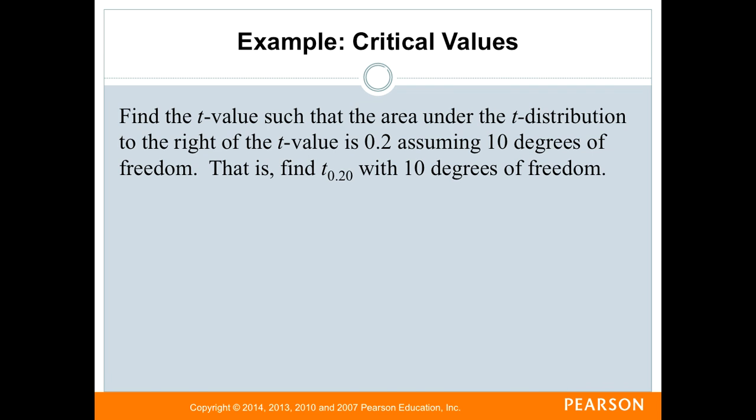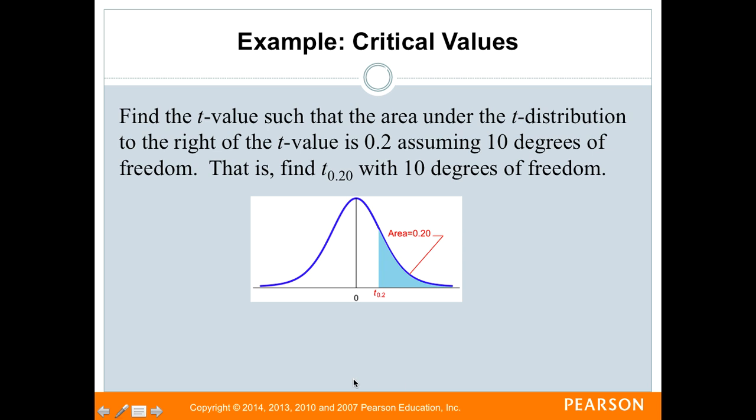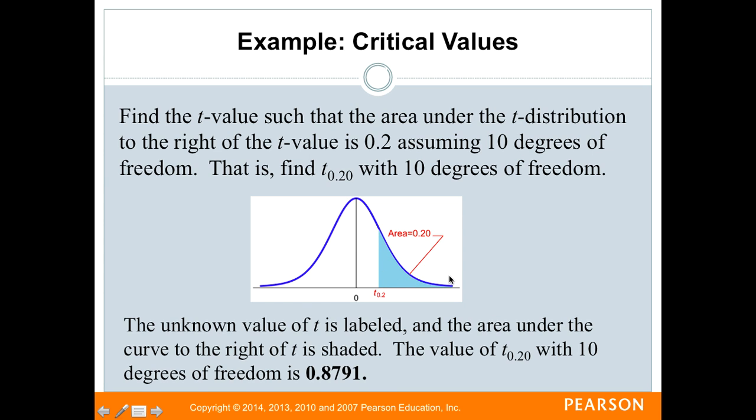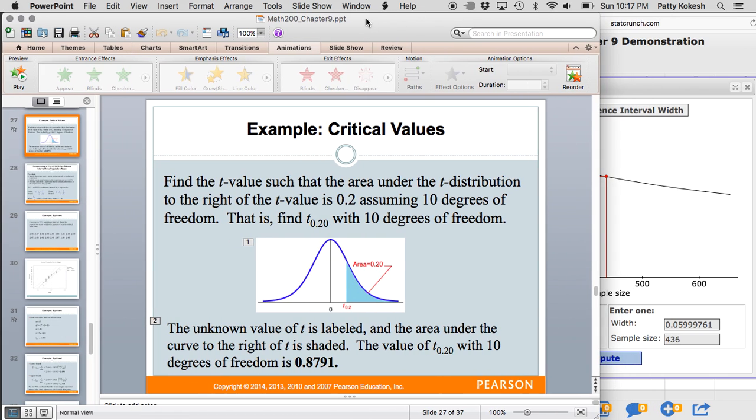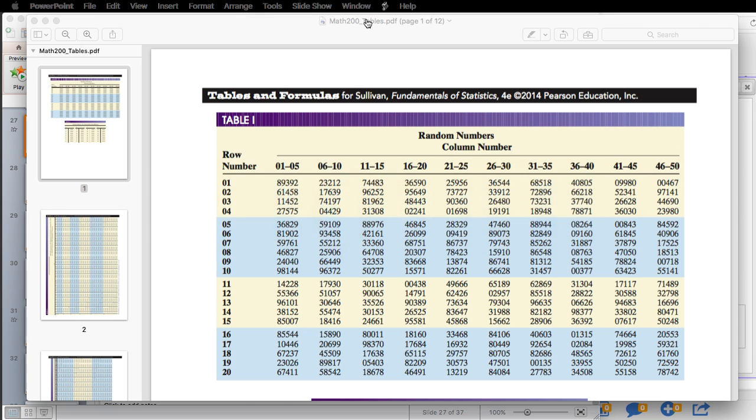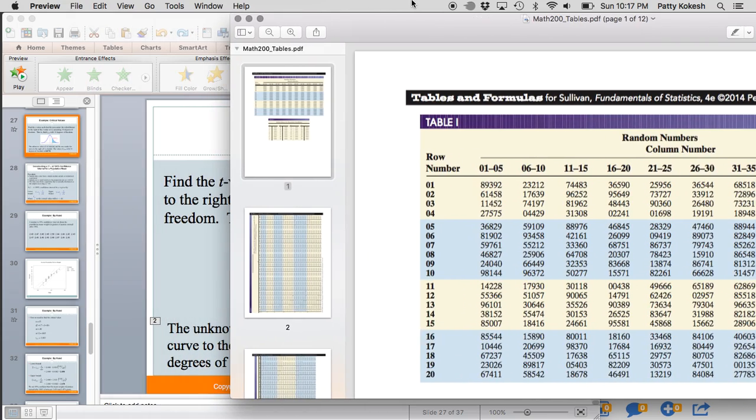Let's take a look at how to actually find these critical values. Let's say we want to find the t value such that the area under the distribution to the right of t is 0.2, and we're going to assume 10 degrees of freedom. We have 0 in the middle, and we're finding the critical value, t 0.2, such that the area is 0.2, or 20%, to the right. Let me pull up my tables.